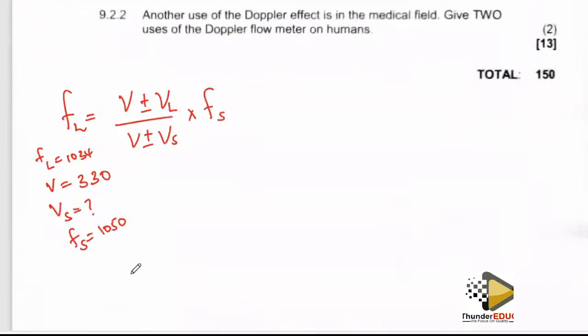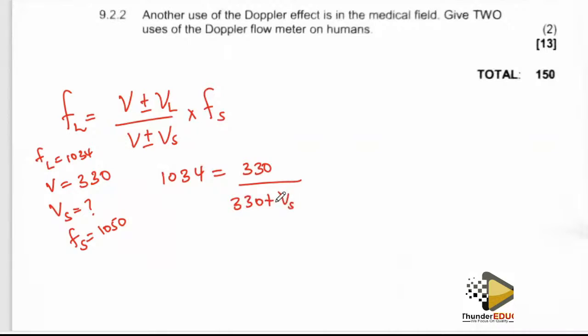Are we going to assume that the listener is just seated, doing nothing? If that is true, then we have the frequency of the listener 1034 equal to 330 minus 0 over 330 plus V_s.